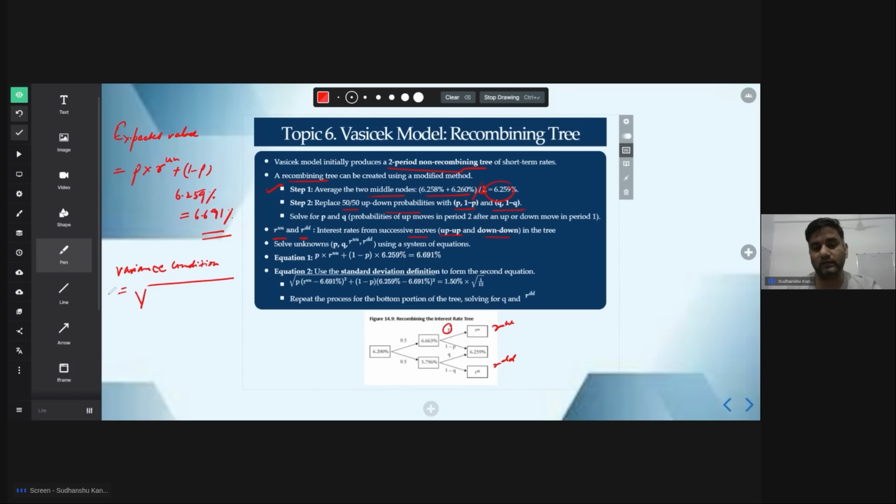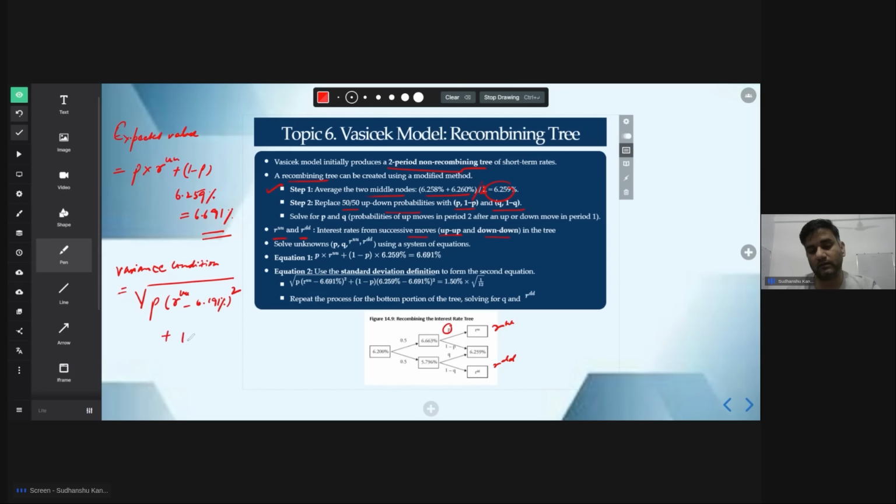If I have to find the standard deviation, what do we do? We take probability P into (RUU minus 6.691), which is the weighted expected value we found, squared.